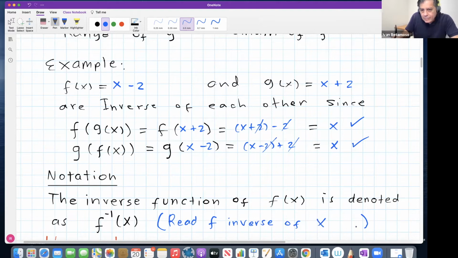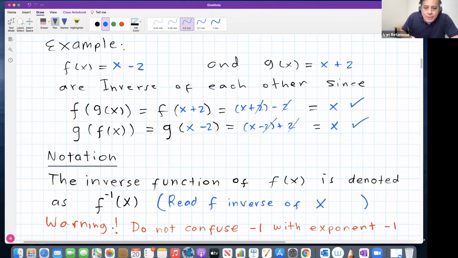This is the notation mathematicians have chosen to identify an inverse function. Warning here, do not confuse this -1 with exponent -1. It's not that they're telling you to do 1 over f of x, no. Instead, they're asking you to figure out the inverse function. Okay, so great. That's the notation that we're gonna use.